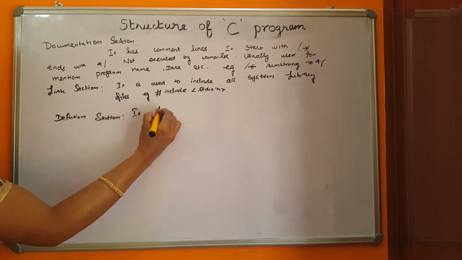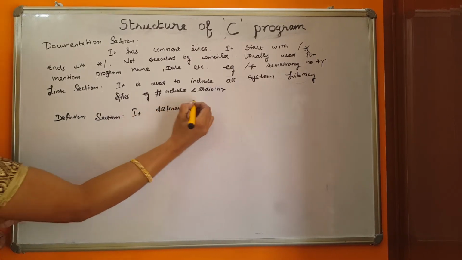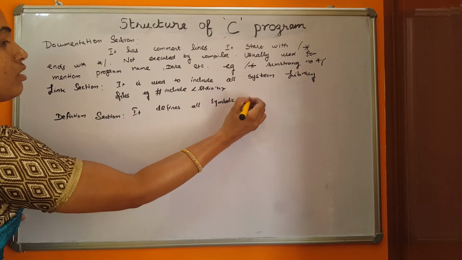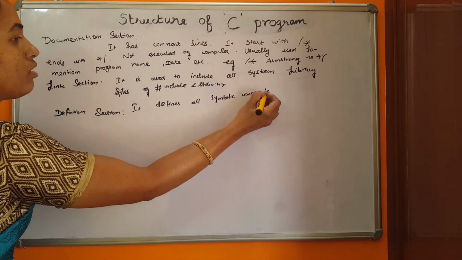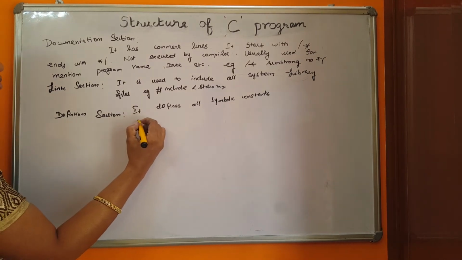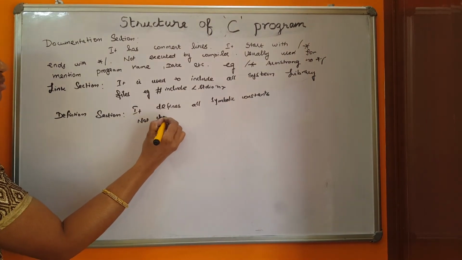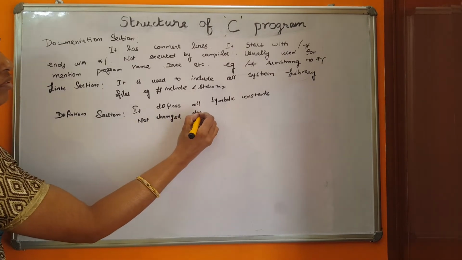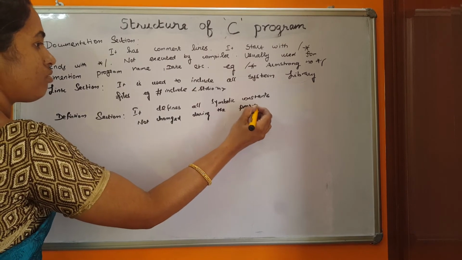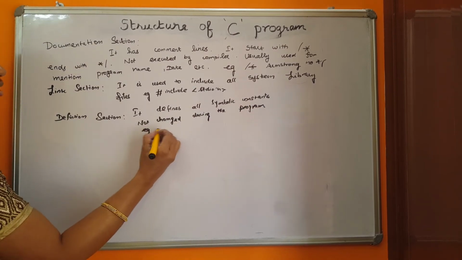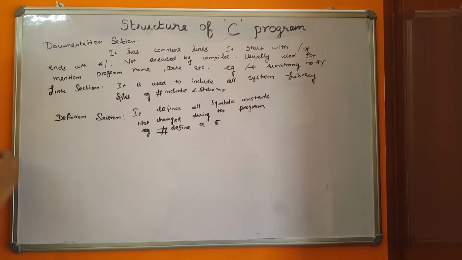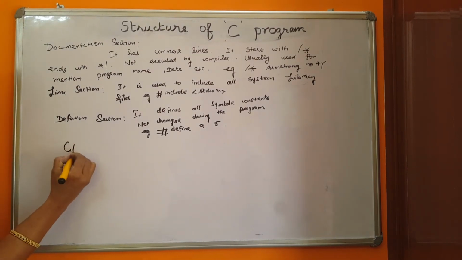It defines all symbolic constants. Those values are not changed during the execution of program. Example, hash define A 5.